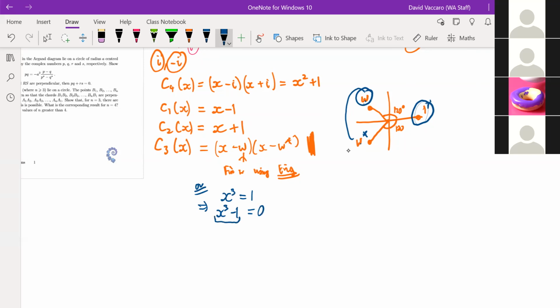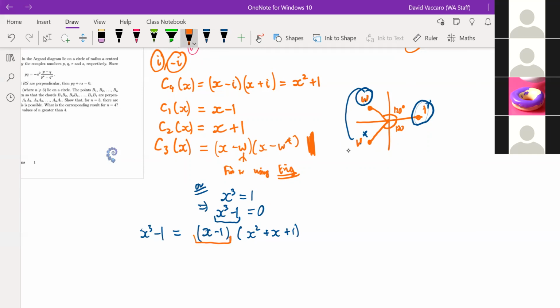But we can factorize x cubed minus 1 as x minus 1, x squared plus x plus 1. Now, what's the root of this polynomial?